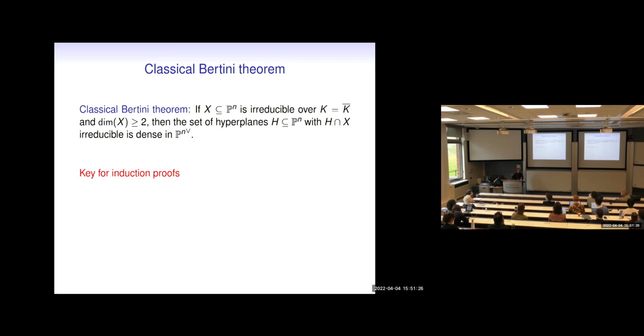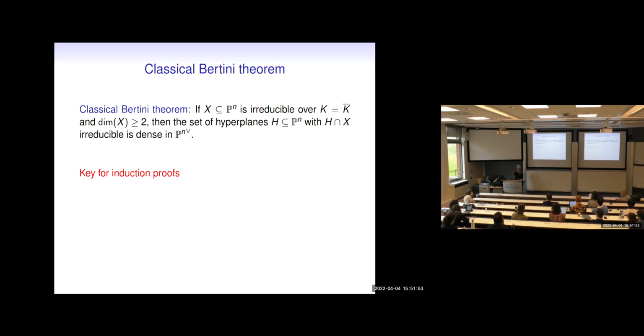Many times when people apply this, you might want smoothness instead of irreducibility. I'm going to stick for this talk to irreducibility because that's the thing that makes sense with the last generalization. I'm just stating in some sense the obvious, though I guess for early graduate students in the audience, I personally found this wasn't obvious.